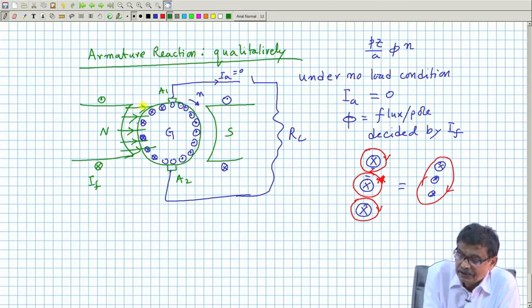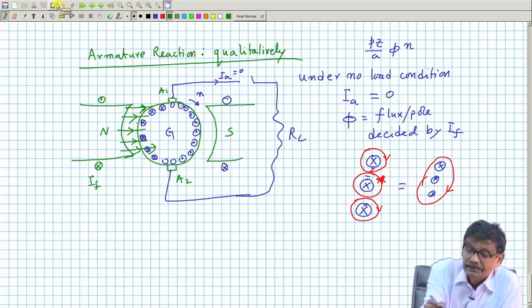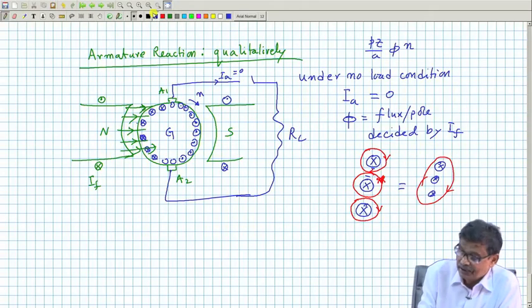So, this will be more, this will be more, and when you come to this side, it will be opposing this. In other words, the scenario will be something like this, a very interesting scenario.